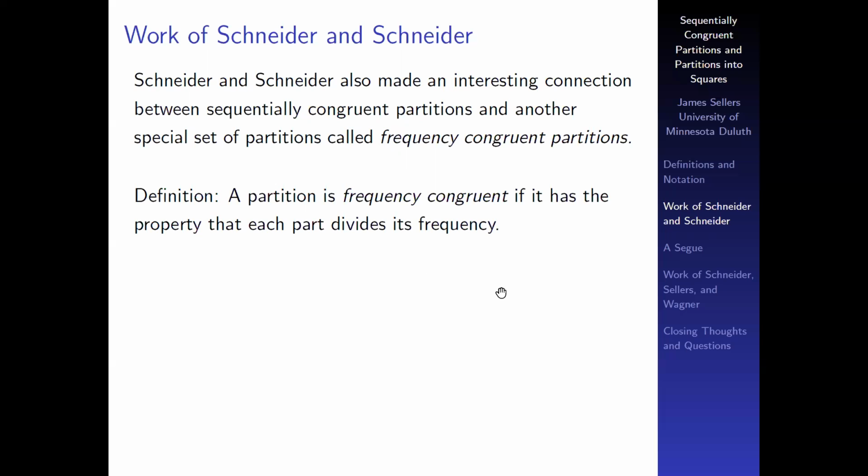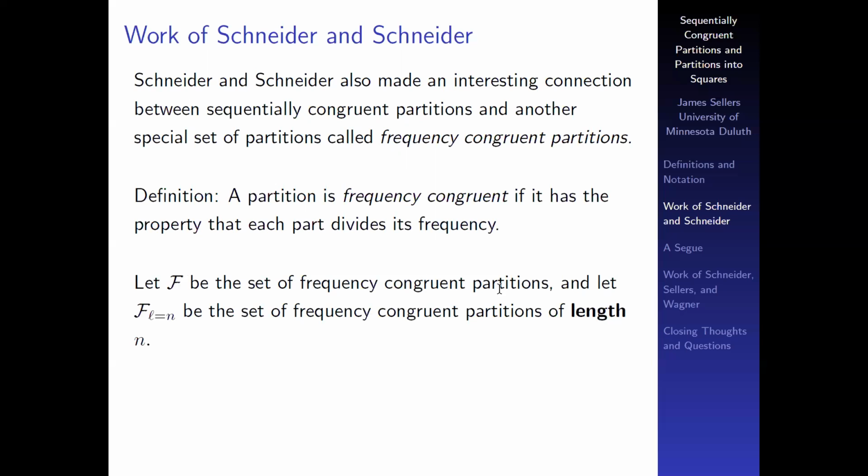So if every part divides its own frequency, then you have something called a frequency congruent partition. I'm going to let capital L be the set of all those partitions, and I'm going to let capital F sub little l equals n be the set of frequency congruent partitions of length n, so that the number of parts is equal to n.